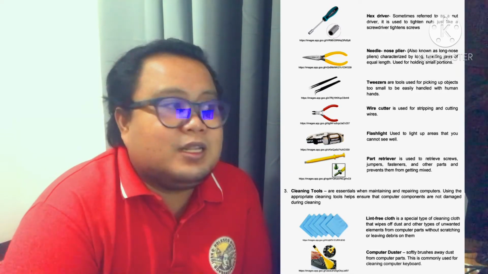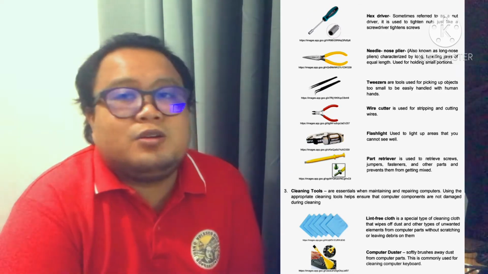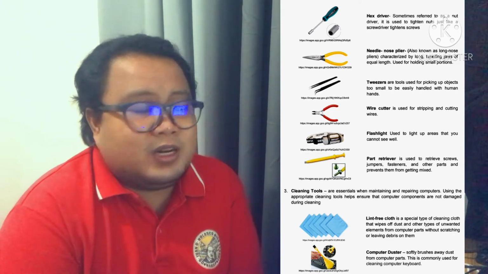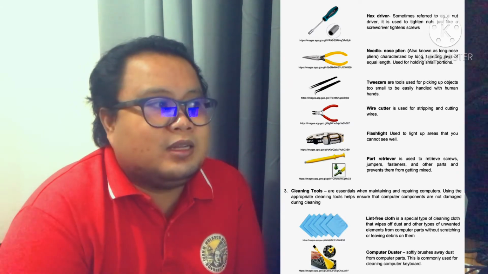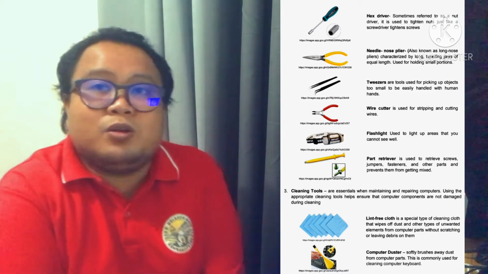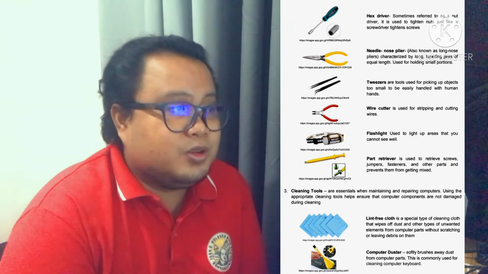So, automatic didikit na dun yung screw, and then ginagamit din to para yung iba't ibang type ng screwdriver or other parts ng hardware parts ay hindi mag-mix. Kailangan hindi sila maghalo-halo para mabilis yung pag-assemble natin or pag-disassemble ng computer system unit.